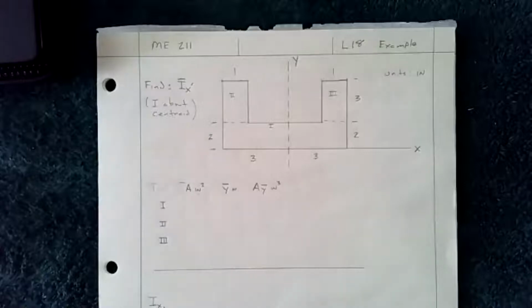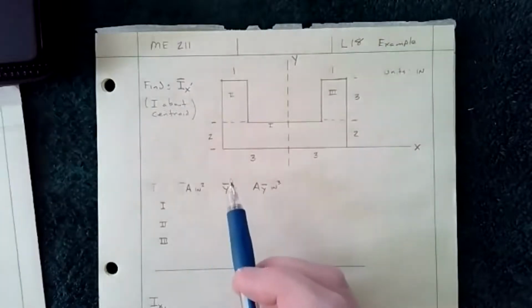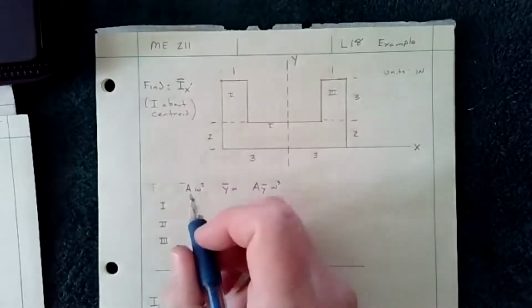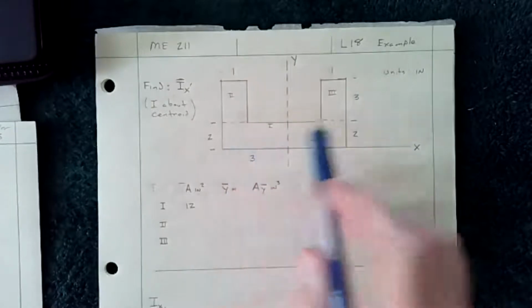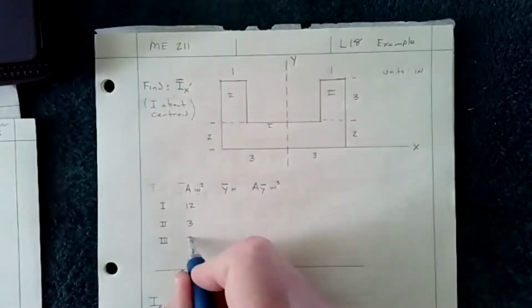As with finding a centroid, we first want to find the area of each section. Section 1 is 2 by 6, so it's going to be 12 inches squared, and the other two are 1 by 3, so they're going to be 3 inches squared each.